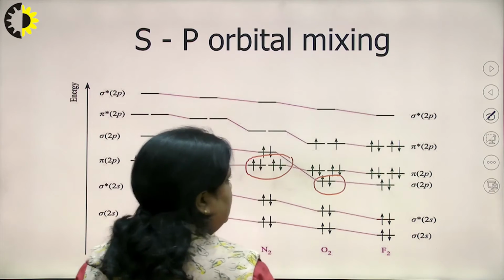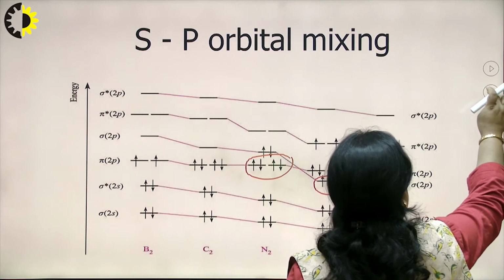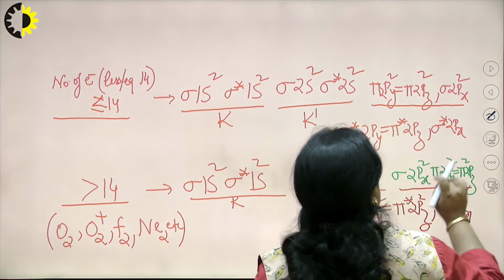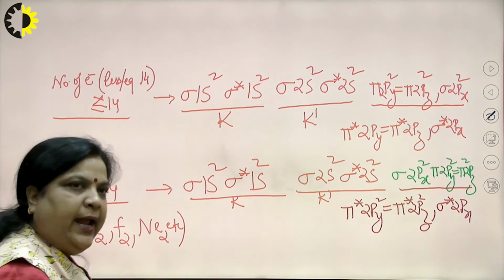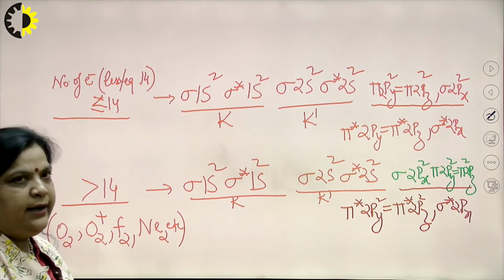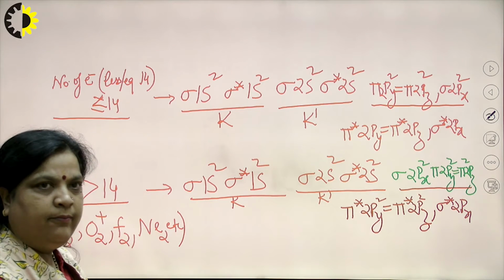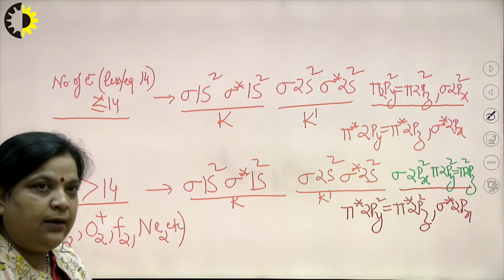Suppose we want to write the configuration of N2 and N2 minus. N2 is 14, but N2 minus is 15.